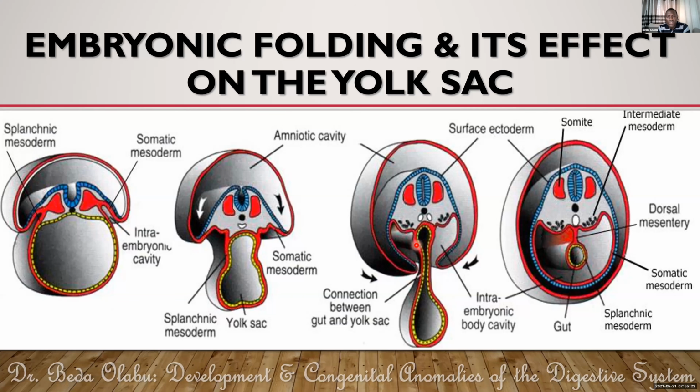I want you to note that because that's going to have implication in understanding the embryonic origin of the tissues of the digestive system. Endoderm is inside, followed by splanchnic mesoderm. And then that becomes the cavity.